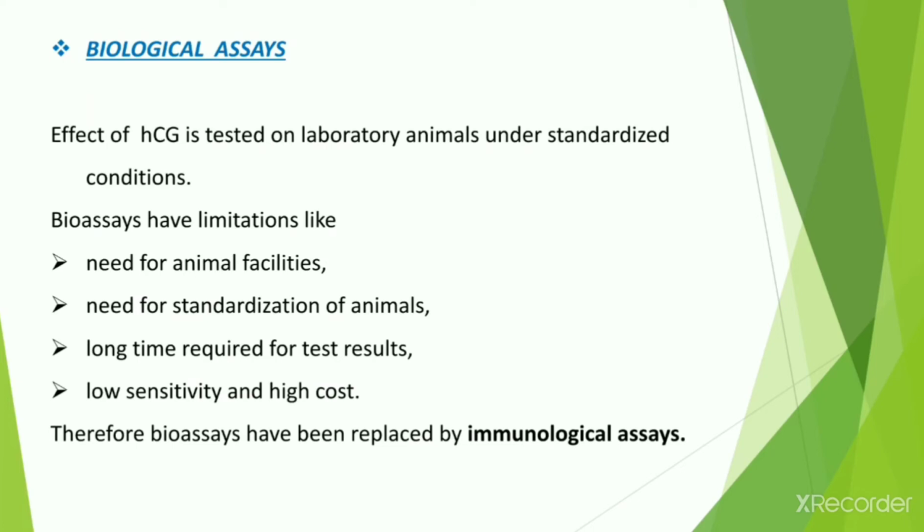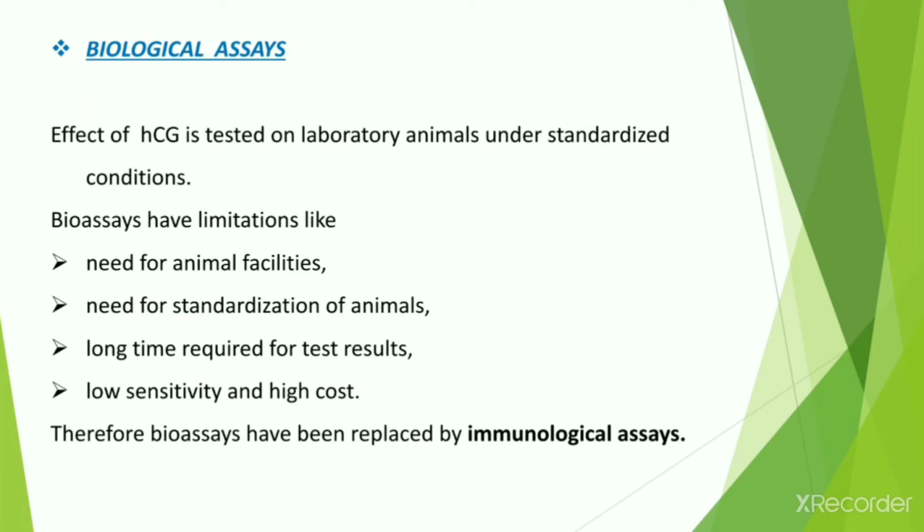These bioassays have limitations like need for animal facilities, need for standardization of animals, long time required for test result, and the results shown are low sensitivity and high cost.